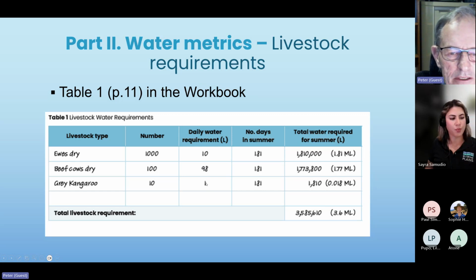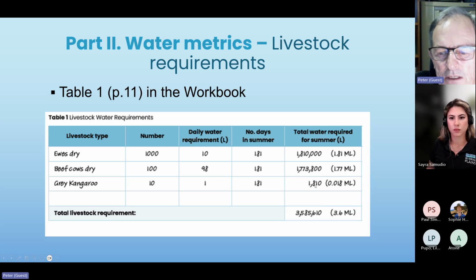They're not very thirsty either. So multiply those three together by 181 and we get 1,810 litres, or 0.18 megalitres. If, of course, we were doing 100 kangaroos, that would be another 10 times there. When we add all those together, we've got a total water requirement for livestock of 3,585,610 litres, or about 3.6 megalitres.